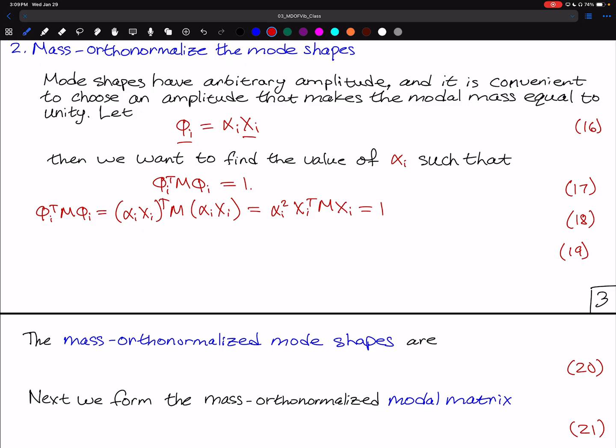Excuse me. And we want that to be equal to 1. From there, we can solve for alpha_i, which will be equal to plus or minus the square root of 1 divided by Xi_i transpose M Xi_i, or equal to 1 over the square root of the modal mass.